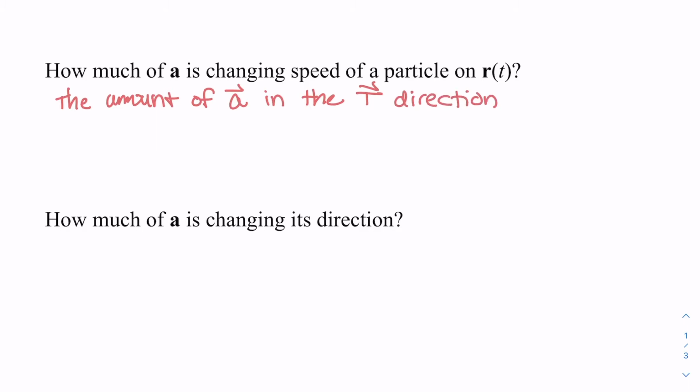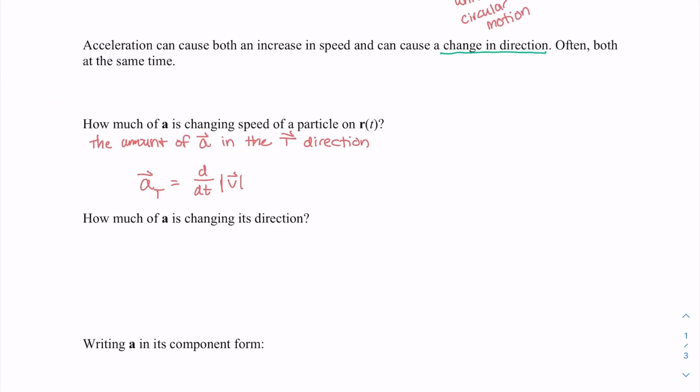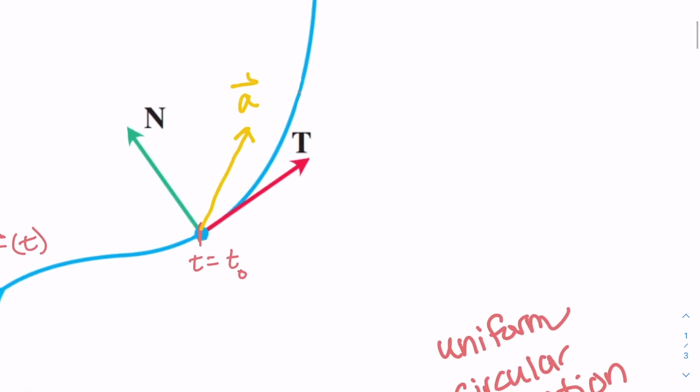And you might be able to come up with the formula for this. We'll call that A sub t. And if this is the component of acceleration causing a change in speed, then that's just going to be the derivative of velocity, or of the magnitude of velocity. So that's the change in speed as t increases. And so what that would look like here in our diagram is the amount of this acceleration vector of the particle that's causing it to change its speed, in this case increase its speed, is going to be the amount in the t direction.